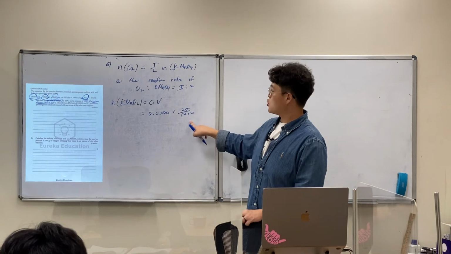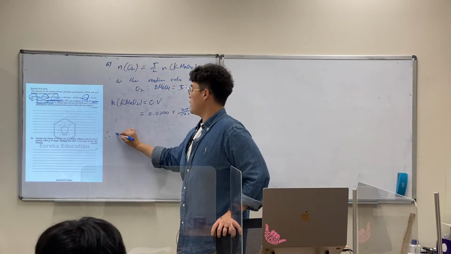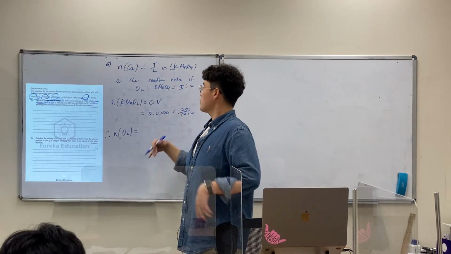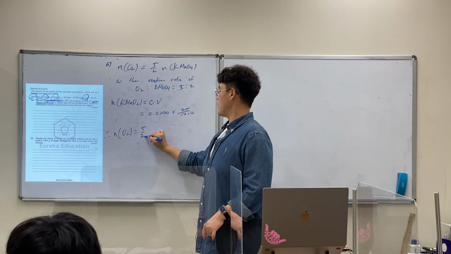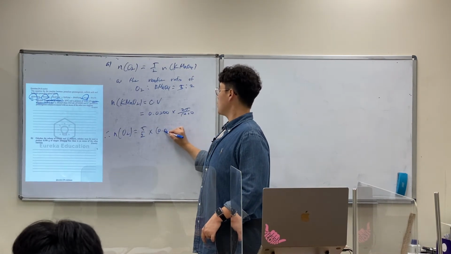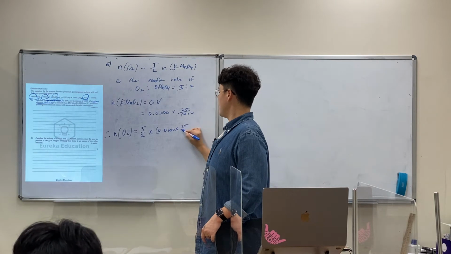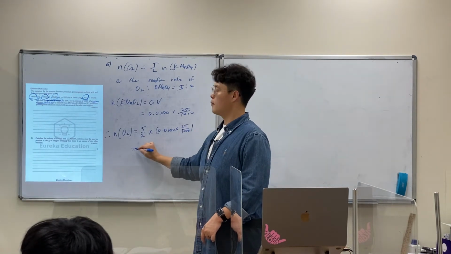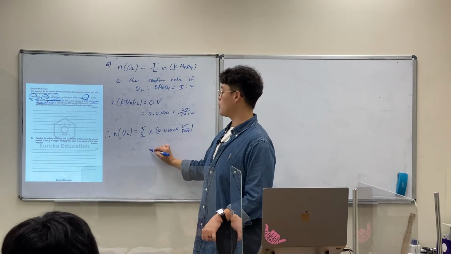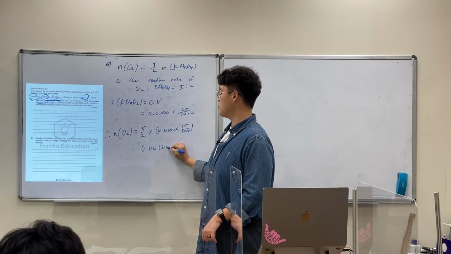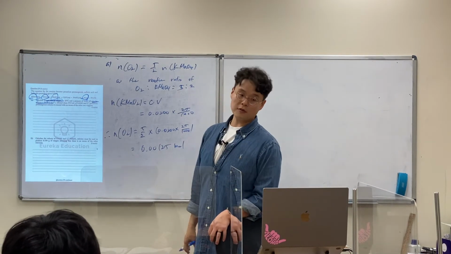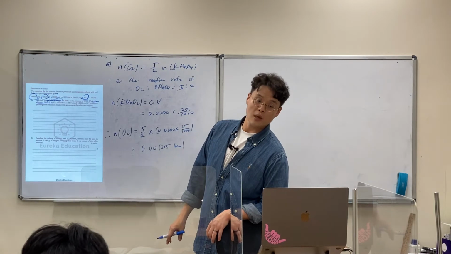Substituting that in, nO2 is 5/2 times 0.0200 times 25 over 1,000. You should have 0.00125 mole for the number of oxygen. Everyone good up to here?